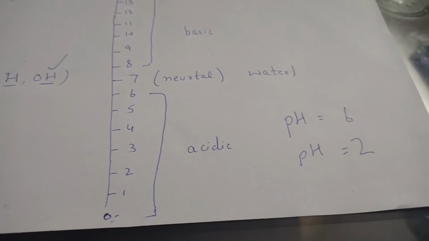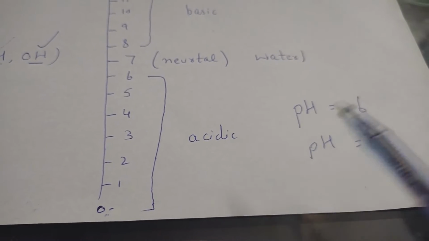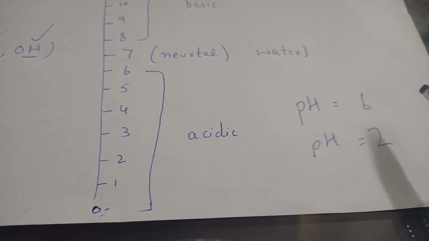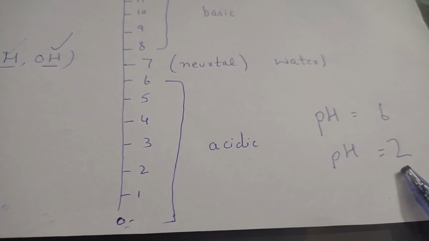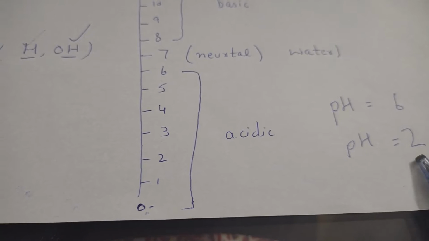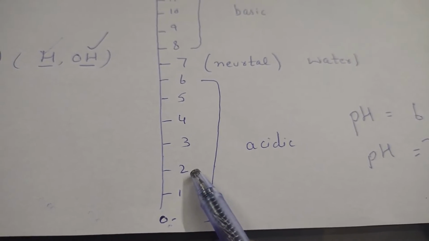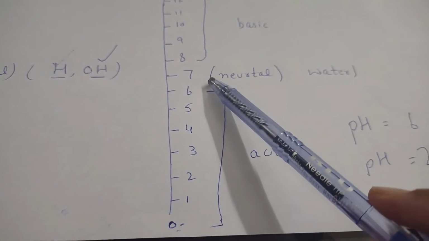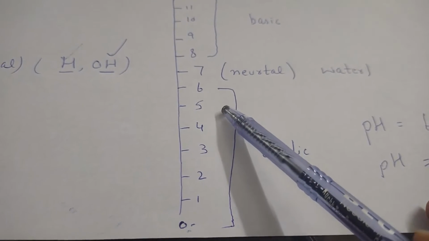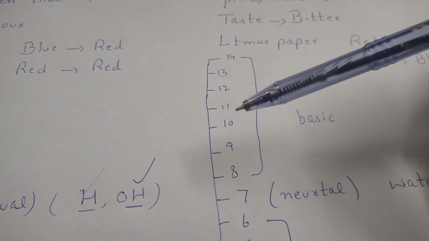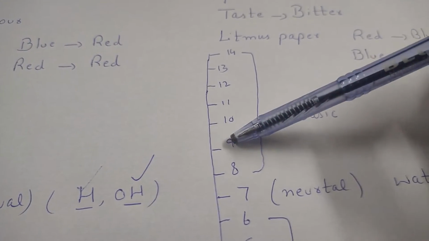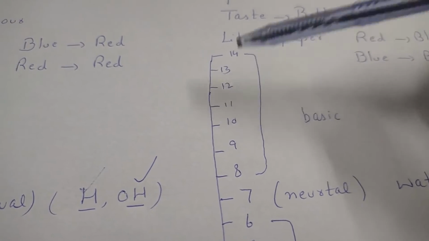So, if I ask a question: there are two objects, one has pH 6 and one has pH 2, which is more acidic? Yes, 2 is more acidic, because 7 is neutral, then weak acid, and then down the scale it is basically more acidic. And if I ask that one object has pH 9 and the other has pH 12, which is more basic?